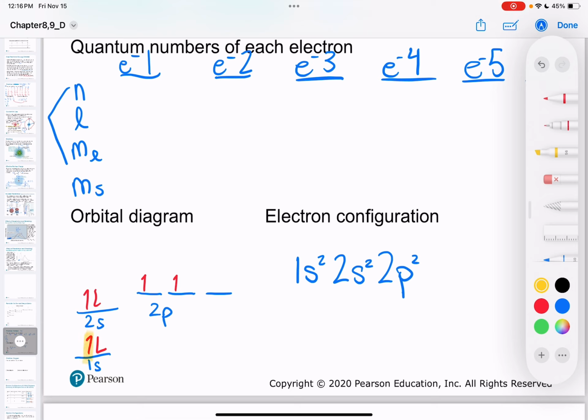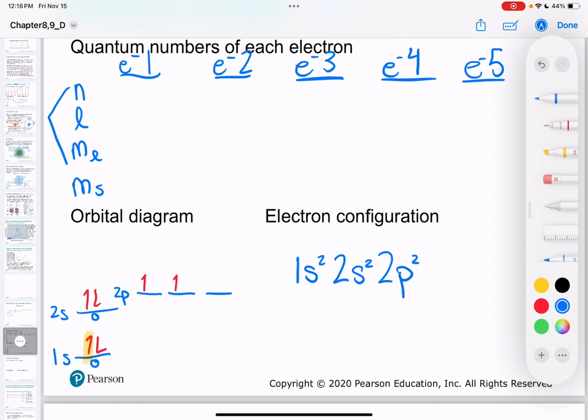Okay, so this is my first electron here. It's in the 1s orbital, and maybe I'll go ahead and add the m sub l values to my orbital diagram. That's not a necessary component of orbital diagrams, but if we're trying to convert this into quantum numbers, it's going to be really helpful. So the subshell is written on the side, and then I'm going to write the m sub l values underneath.